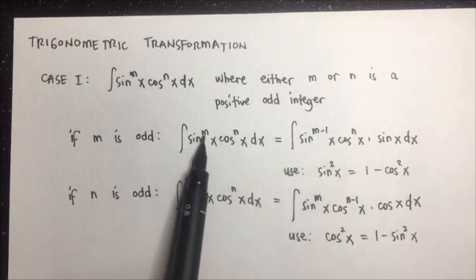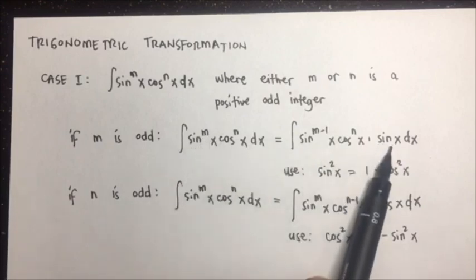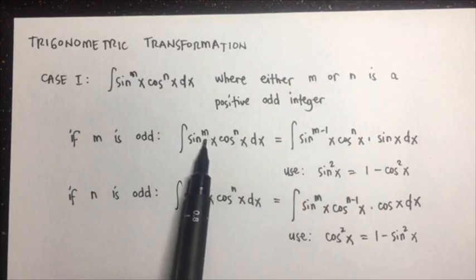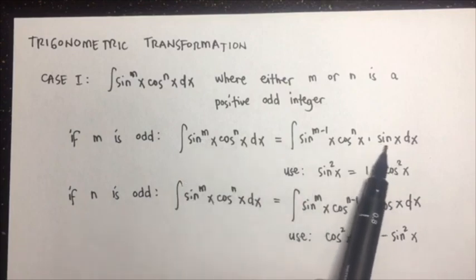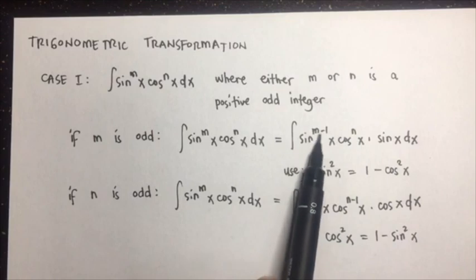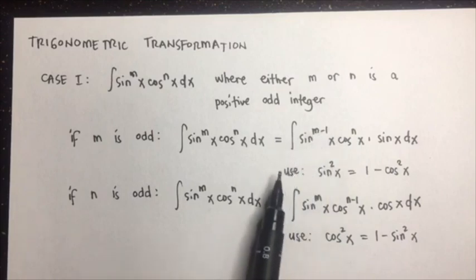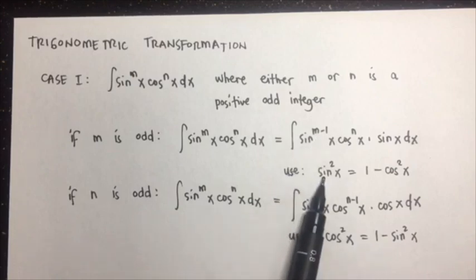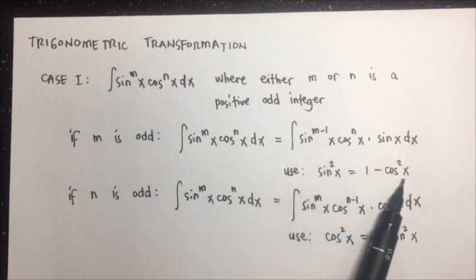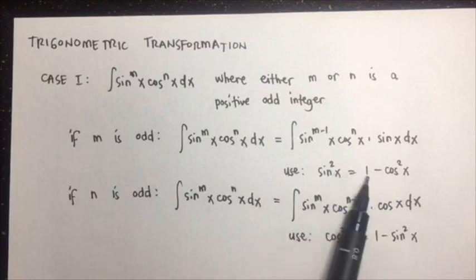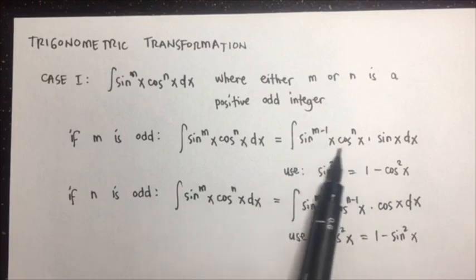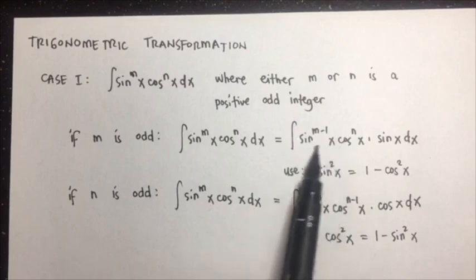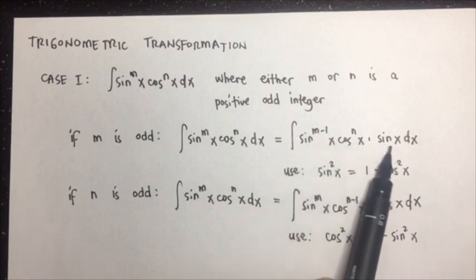Notice, if m is odd, then we took out 1 sine of x, so what remains is m minus 1, and m minus 1 is even. We'll then proceed with substitution, substituting sine squared x equals 1 minus cosine squared x. In this way, we will express the integrand in terms of cosine only.